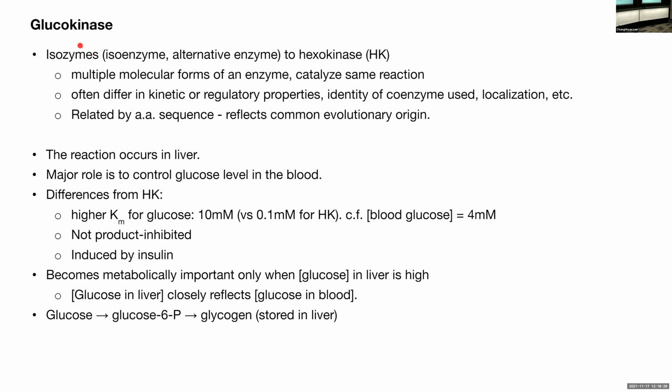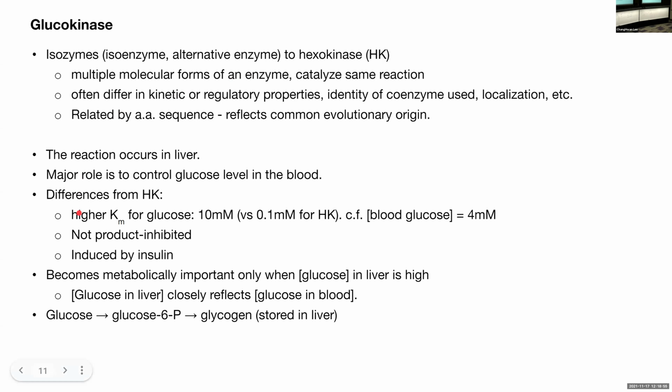The reaction that glucokinase drives, again from glucose to glucose 6-phosphate, occurs in the liver. Its major role is to control glucose level in the blood, as opposed to hexokinase, which does it inside the cell. So it's different inside the cell versus in the blood.